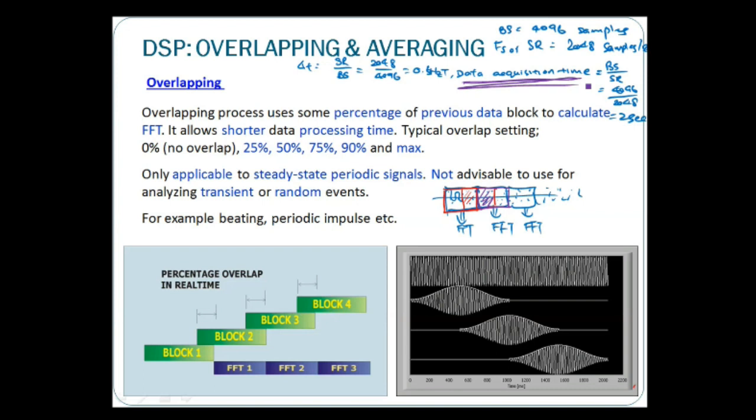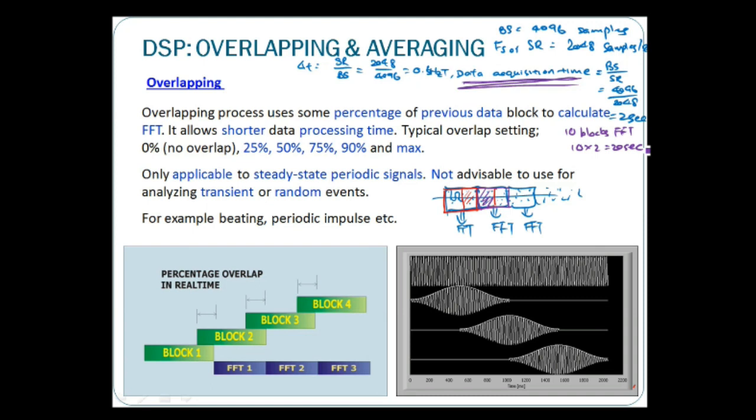Okay, if you have no overlapping, getting 10 blocks of FFTs, you need 10 times 2, so it's 20 seconds. If you are using overlapping, you are sharing some portions of your previous block data for your upcoming blocks, then it will definitely be less than these 20 seconds.